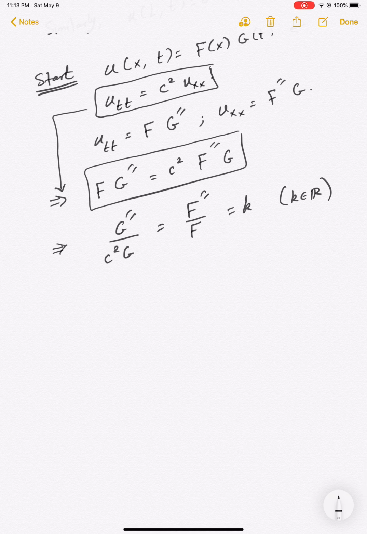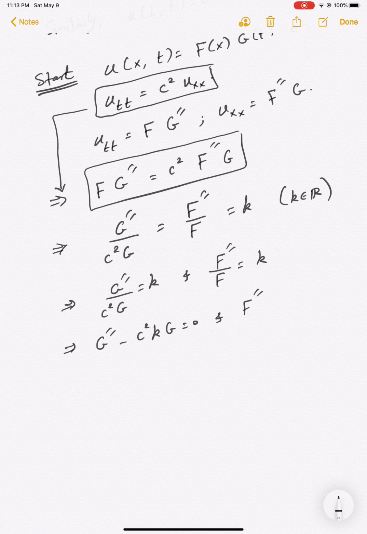Okay, now why is this important? Because then you can say, g double prime over c squared g equals k, and f double prime over f equals k. Cross multiplication: g double prime minus c squared kg equals 0, and f double prime minus kf equals 0.